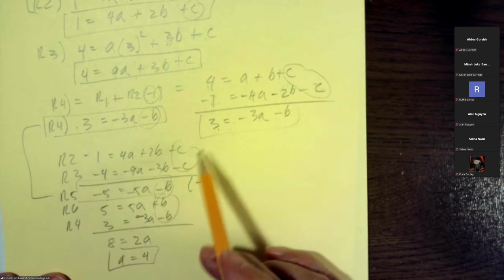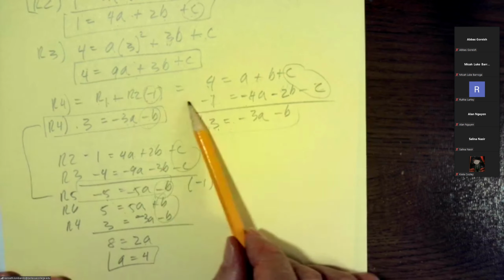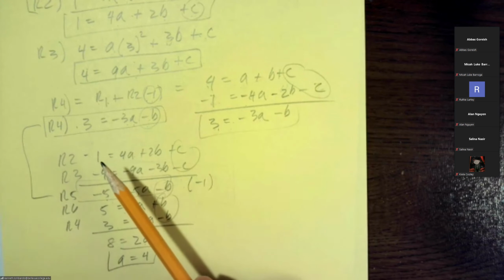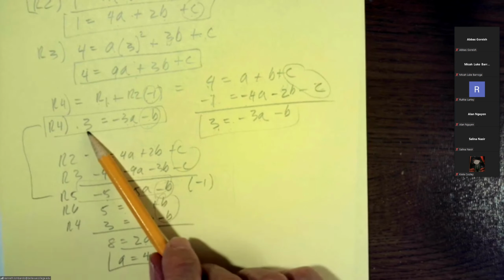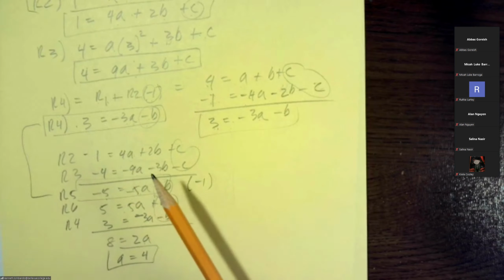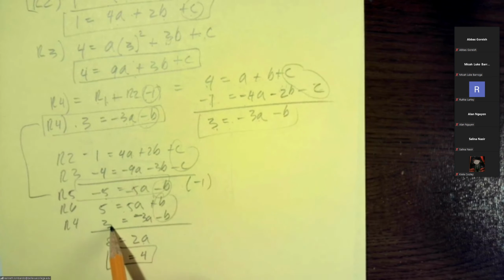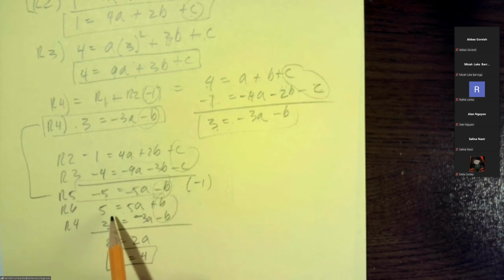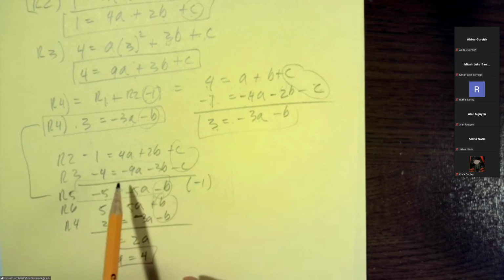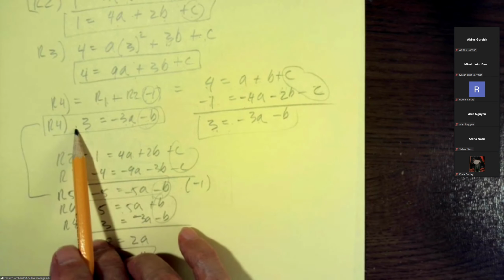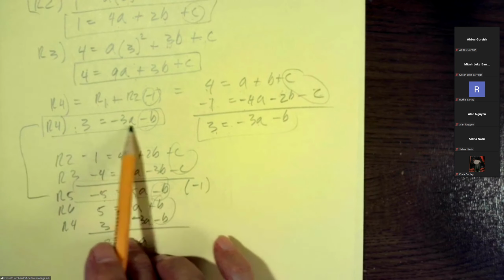Okay, as we go through this, you can check my addition and subtraction and so forth. Let me just go through just to make sure. Row 4, we said, was 3 equals 3A minus B. That's good.